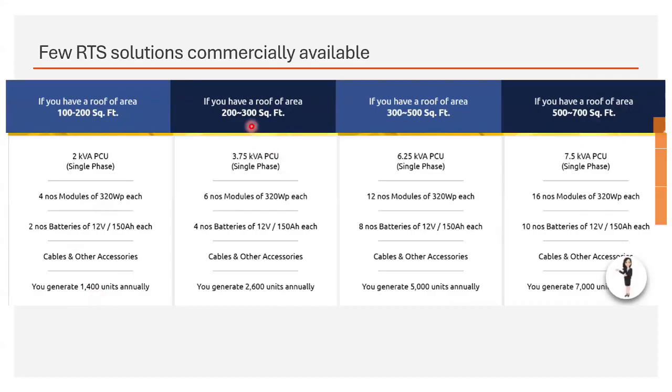Similarly, with a rooftop area of 200 to 300 square feet, a 3.7 kVA single phase system can be installed. Up to 500, a 6.25 kVA system is the most commercially viable. It is available in Odisha. And up to 700 square feet, we can install a 7.5 kVA system, which is large enough because it generates 7,000 units. With this, you can also utilize the excess power to get some incentive by pushing it to the grid.